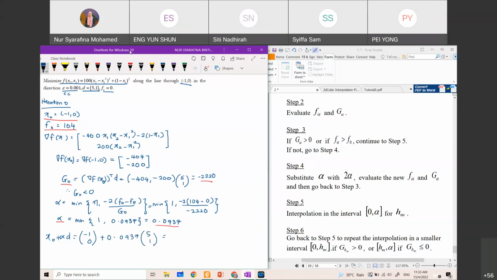And you will have minus 0.5315, 0.0937. So this is your x0 plus alpha d, which is used to give f alpha. So substitute this into f, x0 plus alpha d. Just substitute it into f.